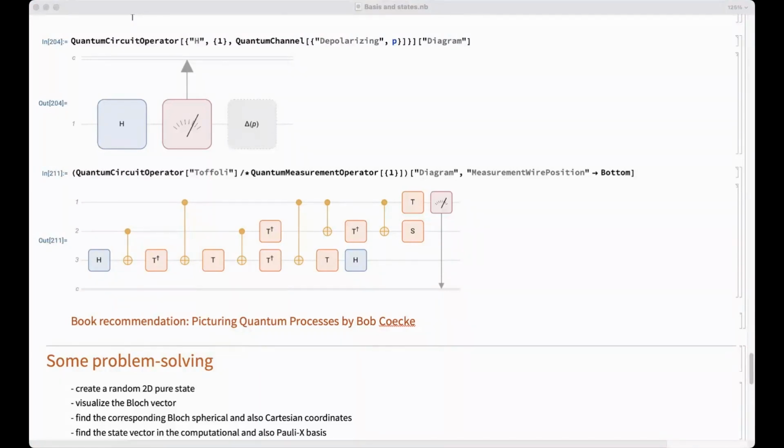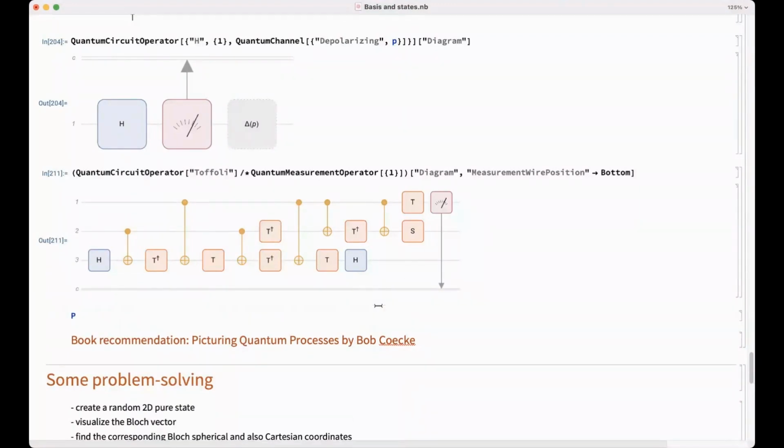Parallel computation. Does the framework allow parallel computation? It depends what you mean by that. We have parallel functions, some parallel support in the Wolfram language itself. But if you mean whether we use it anywhere inside the framework, no, we don't. There are not many places you can use it.